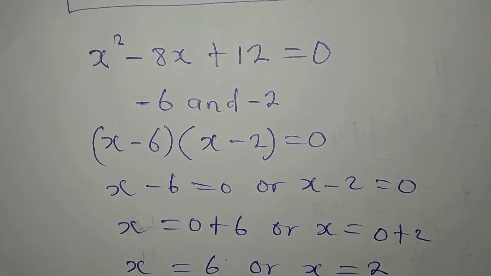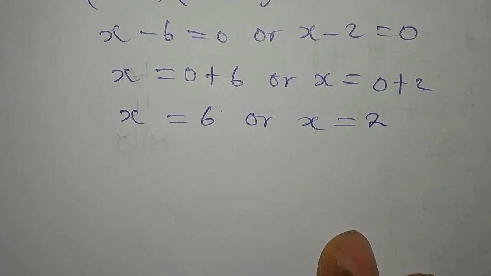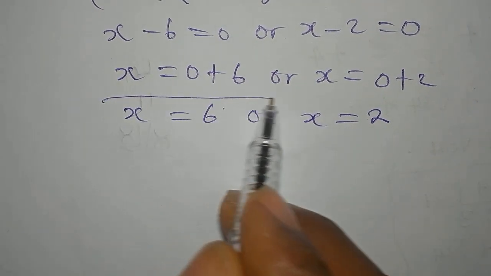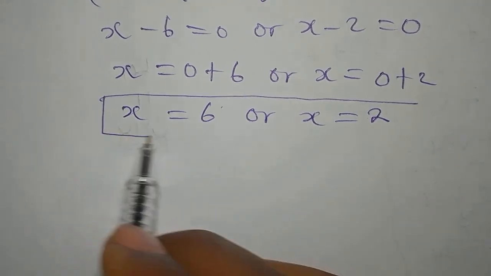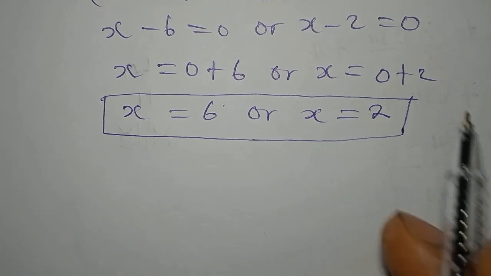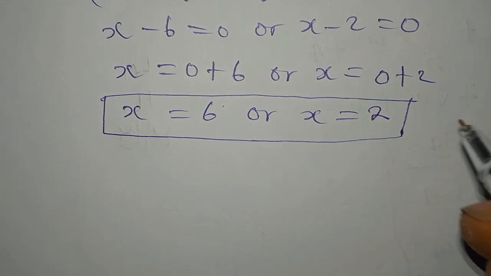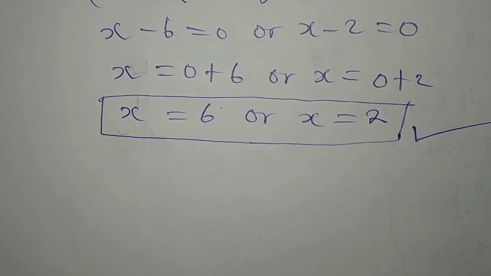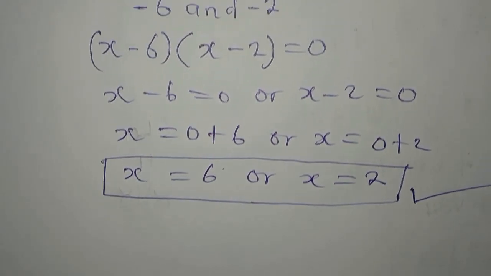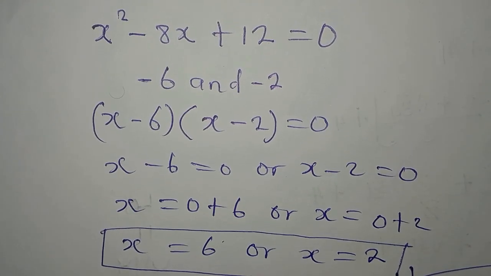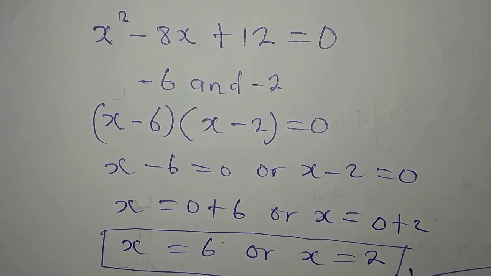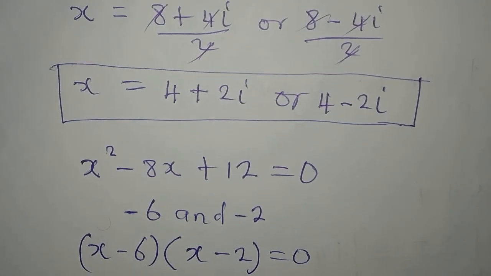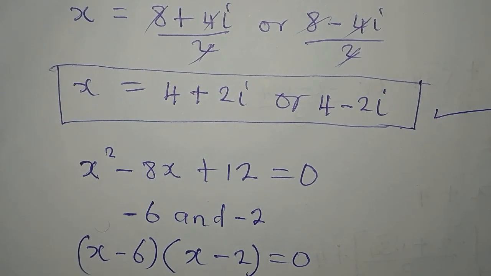So this is what it is. Here again we have other solutions for the equation. So from here we have the two real solutions, and from here, the ones we got before, these are the complex solutions.